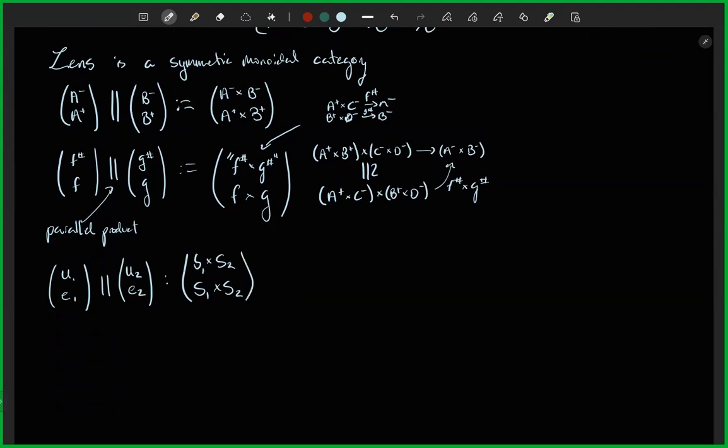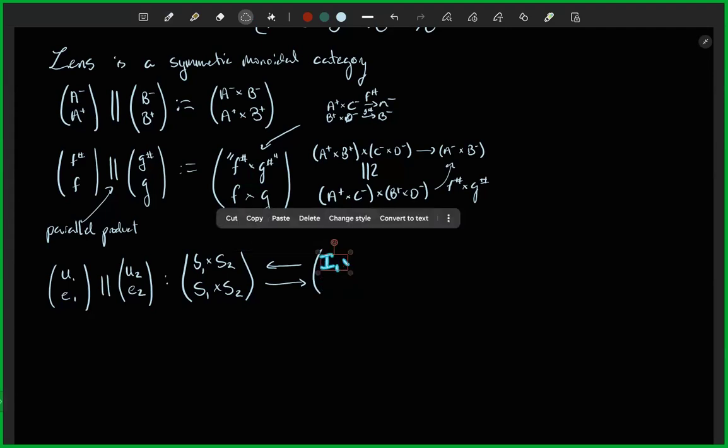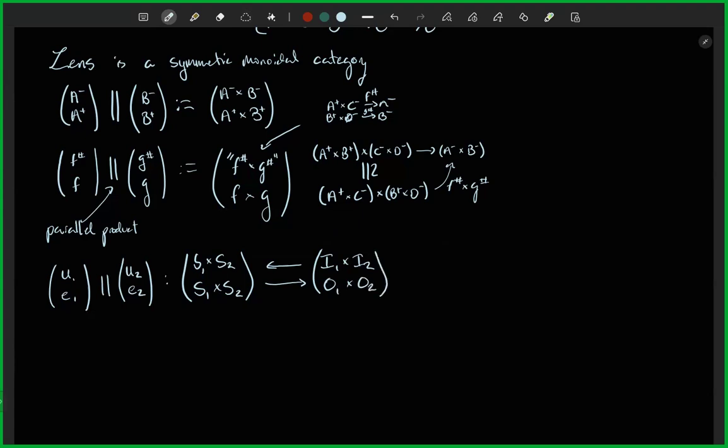So note, the top and bottom of the left-hand side are still the same, so it still is going to be a Moore machine into I1 times I2 over O1 times O2, right?